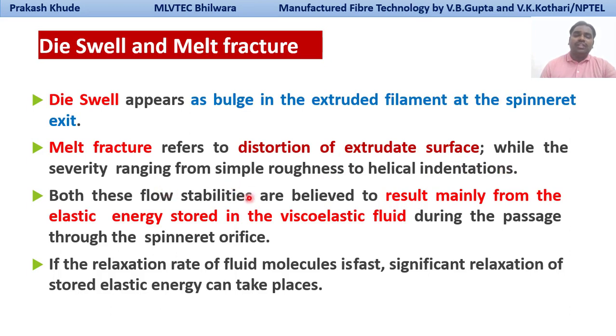Both these flow instabilities are believed to result mainly from the elastic energy stored in the viscoelastic fluid during its passage through the spinneret orifice. If the relaxation rate of the fluid molecules is very high or fast, significant relaxation of the stored elastic energy can take place.